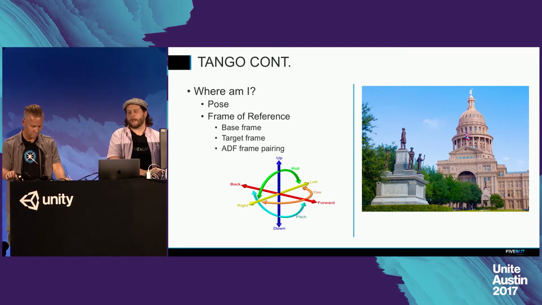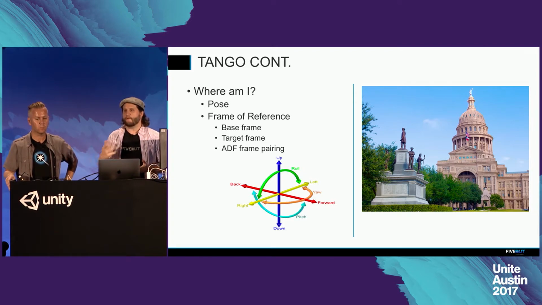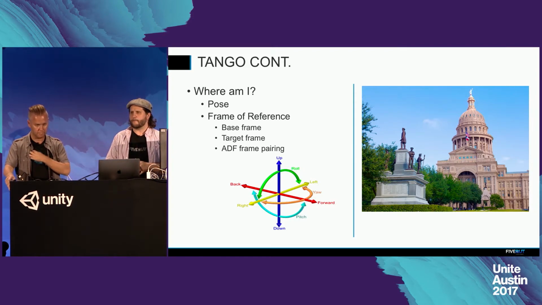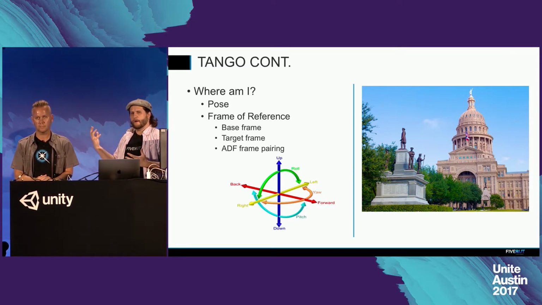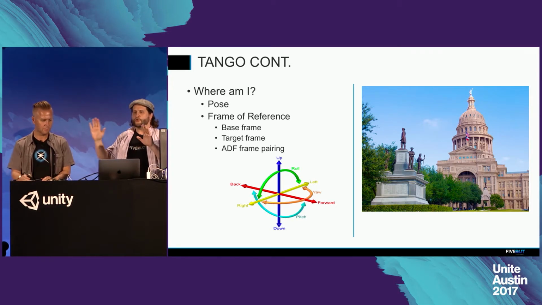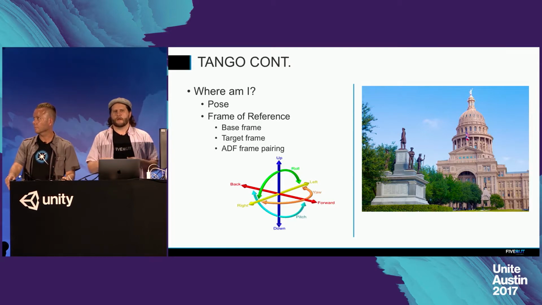We have a base frame that's established with the startup of the Tango service, and then as the device moves around in space, we have a target frame. We compare those two coordinates, those two locations, and you get an understanding of where you are, compared against all this information that we're getting from these sensors, right?